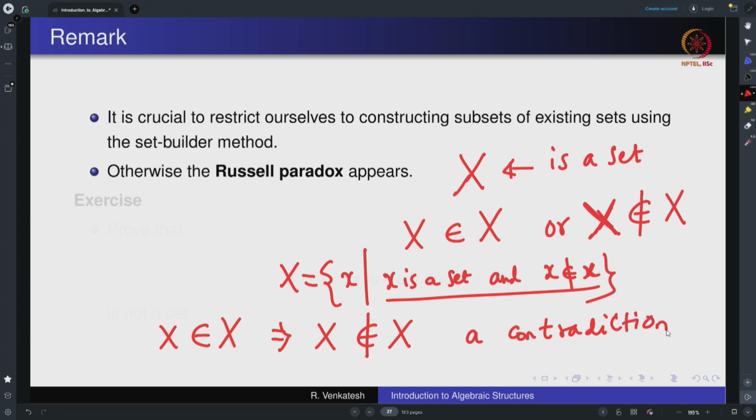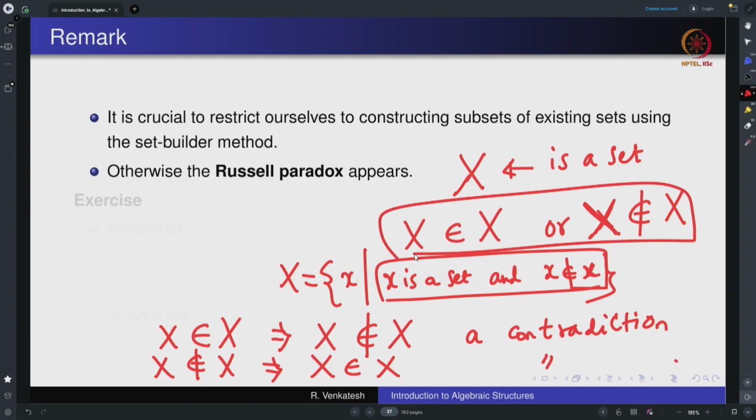Similarly, if X does not belong to X, again using the property that defines capital X, you can see that X is part of capital X, and again you get a contradiction. So, in either case, X is in X or X is not in X, we arrive at a contradiction. That tells you that capital X cannot be a set. So, this assumption is wrong.